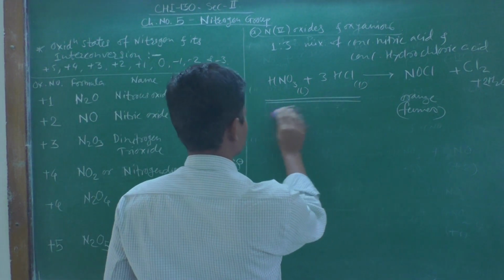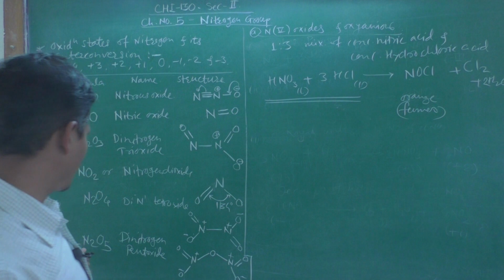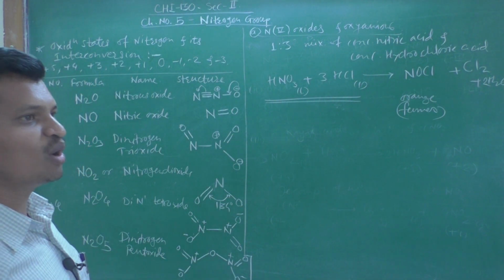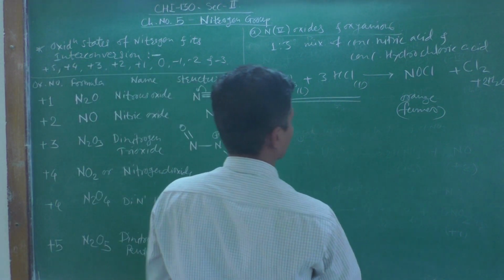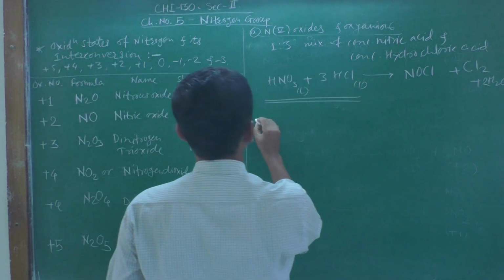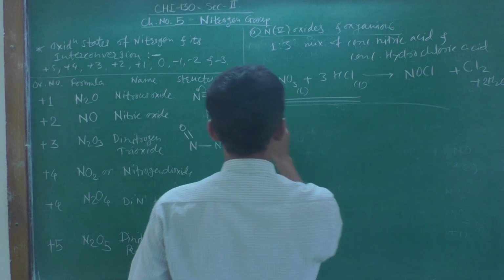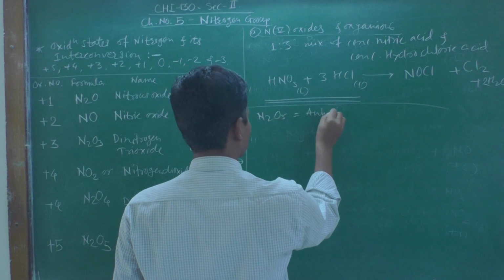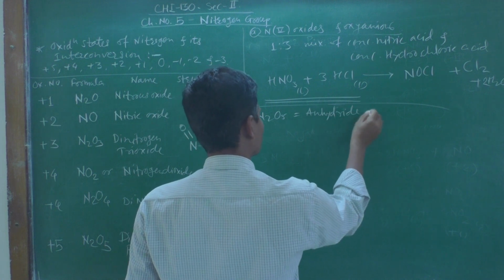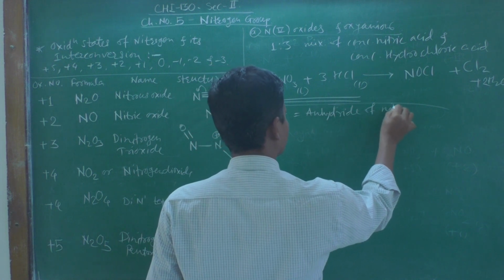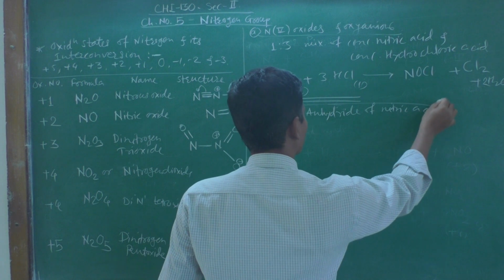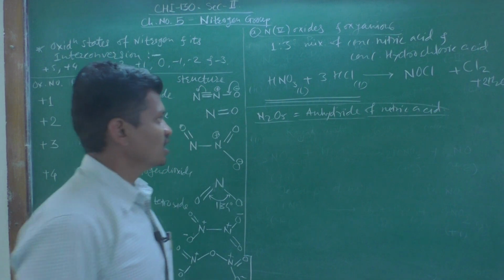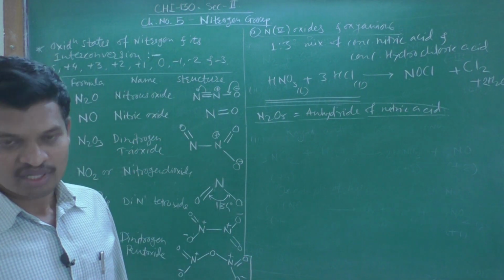We have already said that N2O5 is called dinitrogen pentoxide, and it is the anhydride of nitric acid. How is it prepared?